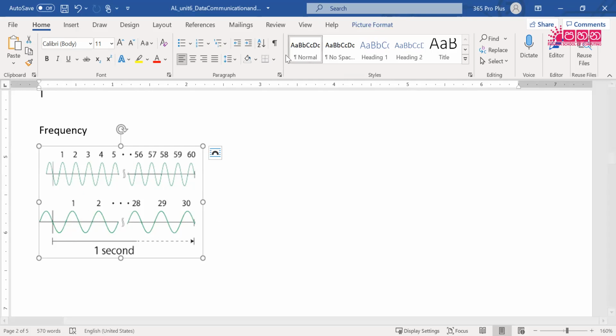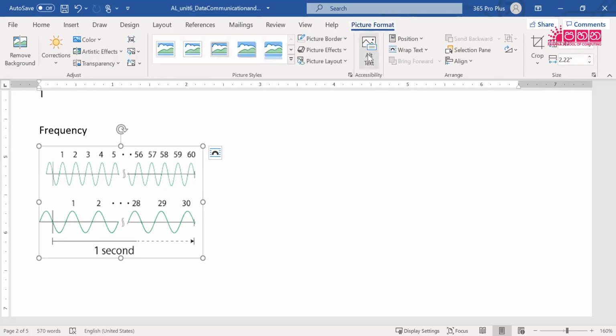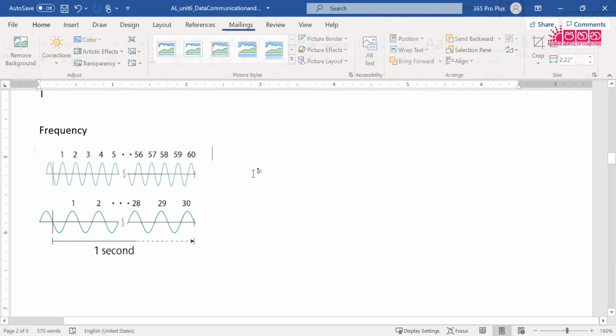You can draw only one, you don't have to draw both, right?